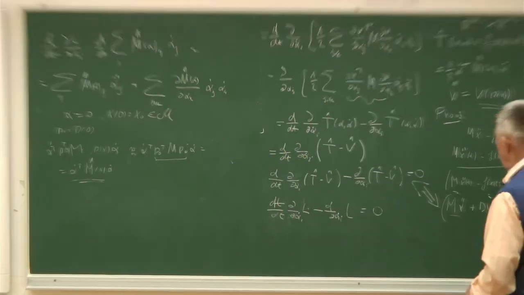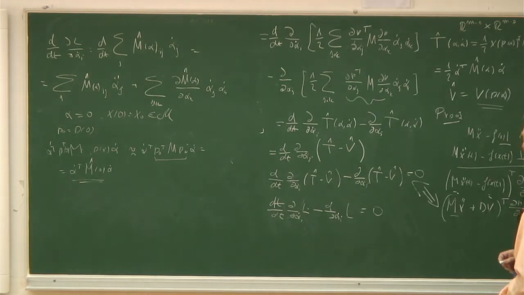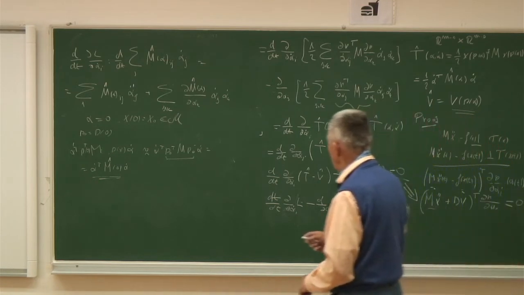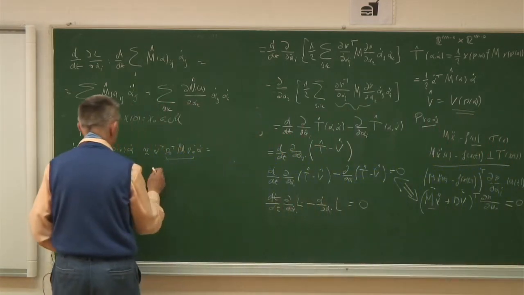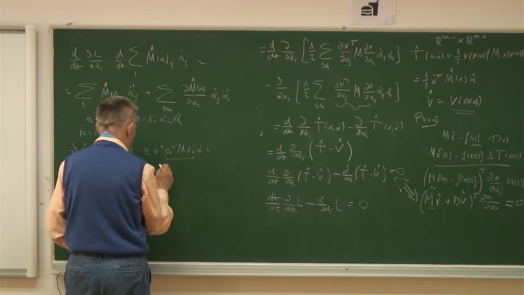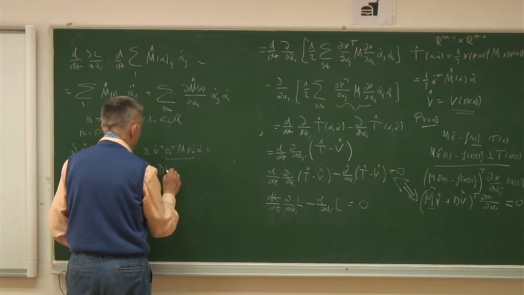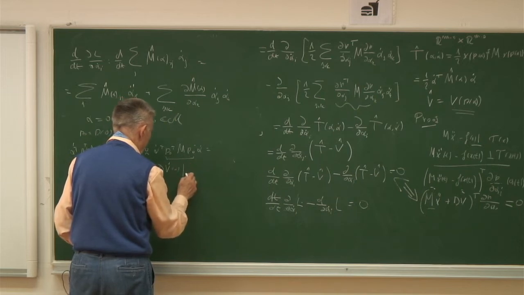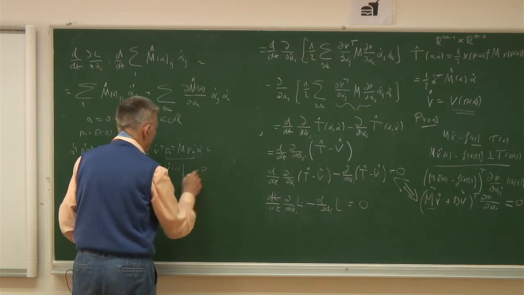And if we linearize it, then we know that the derivative of v of alpha, taking alpha equal to 0, is 0.